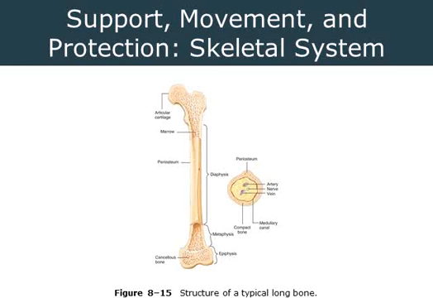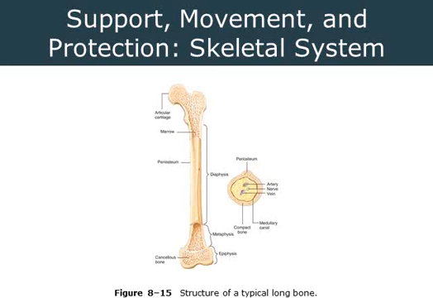If we look at the inside of the bone, so we do a cross section of the diaphysis, we can see various layers of bone. The periosteum is the outer layer, the strong outer coating of the bone.